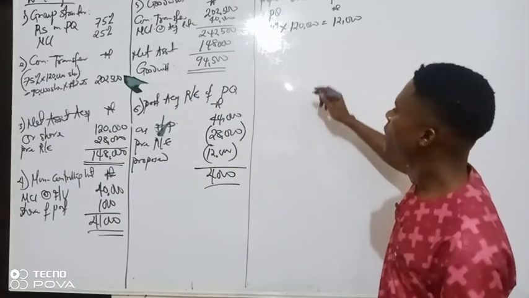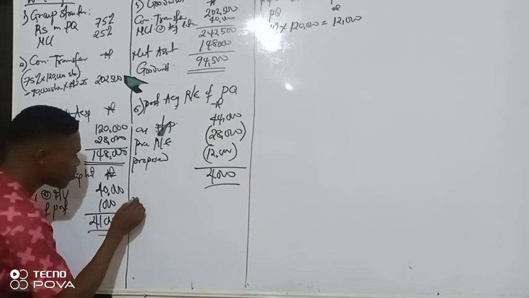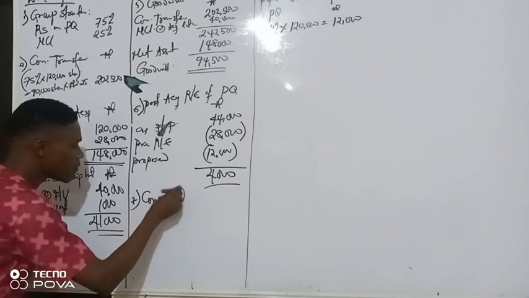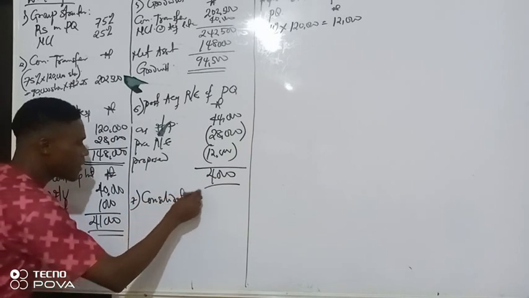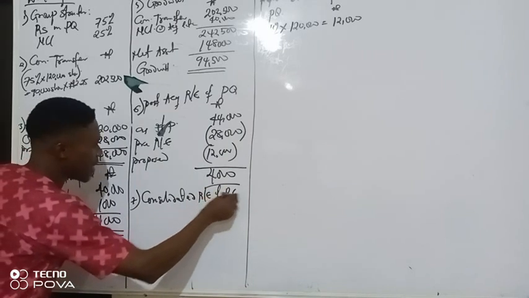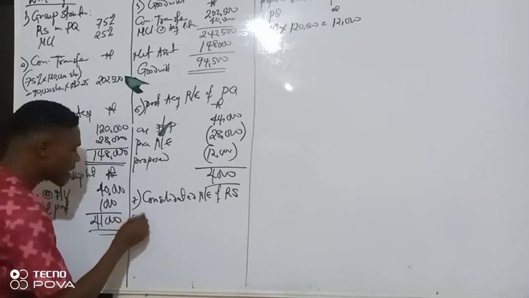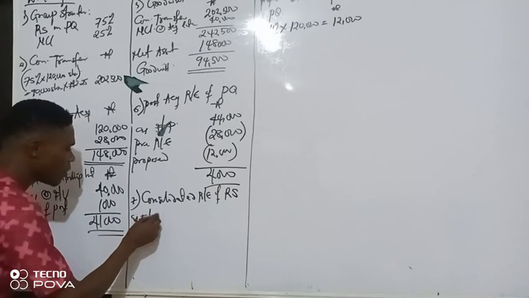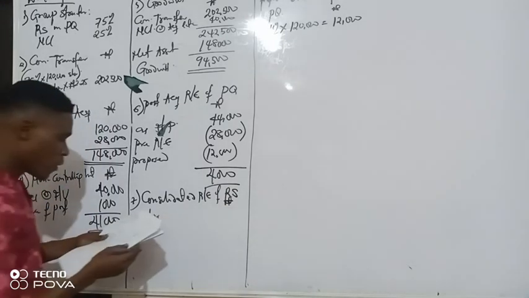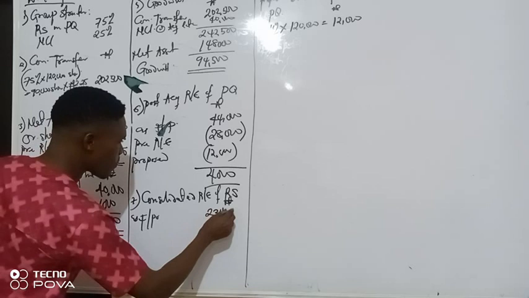Now, before I do any other thing, number 7: consolidated retained earnings of the parent. As per the statement of financial position, 234,000.